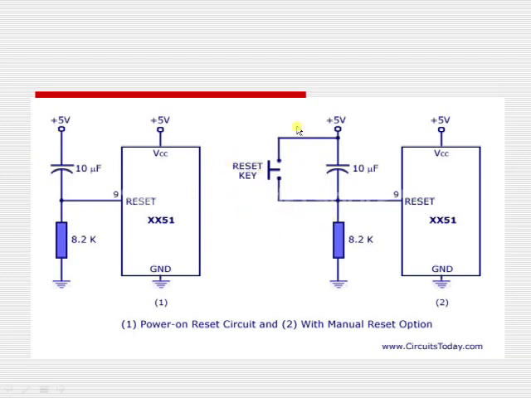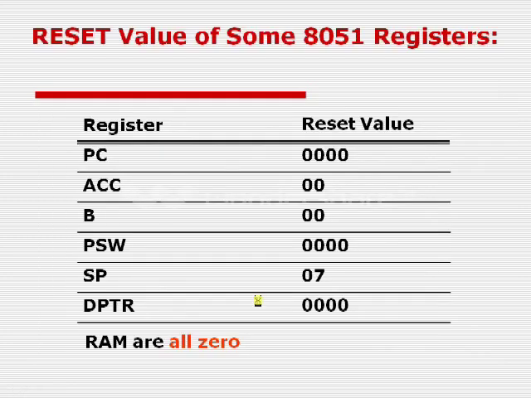This is called as power on reset with manual switch. Initially without this switch it works as power on reset, but in the middle of the application, if you want to reset the controller, then this switch must be closed. So as soon as you close this switch, the supply voltage will reach this reset pin. So this is how you are going to reset the controller with the help of this reset pin.